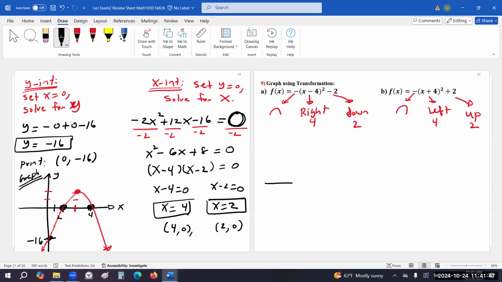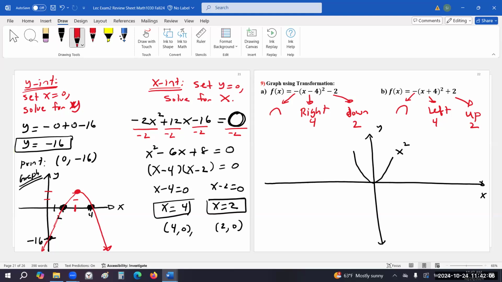So let me actually draw both of them, because I'm too lazy to write twice. You must draw the original one. The original one is 1 point. And then you do the transformation. So A says go right 4: 1, 2, 3, 4.